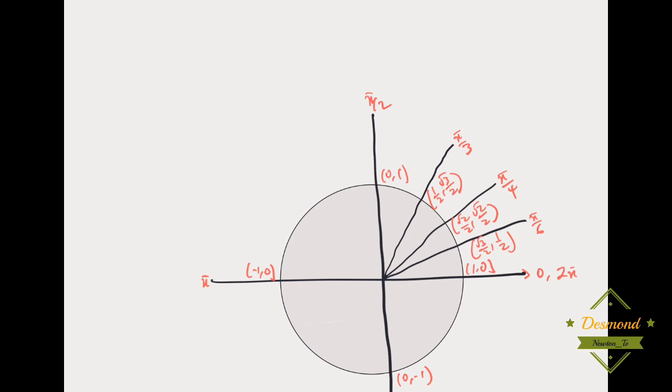The first coordinate, the x-coordinate, is the cosine of the angle, and the second coordinate, the y-coordinate, is the sine of the angle. So we put some of the standard angles along with the coordinate of the intersection on the unit circle, which is what we have here.